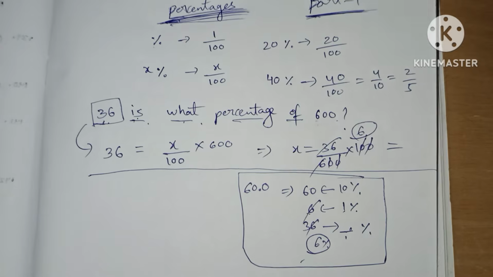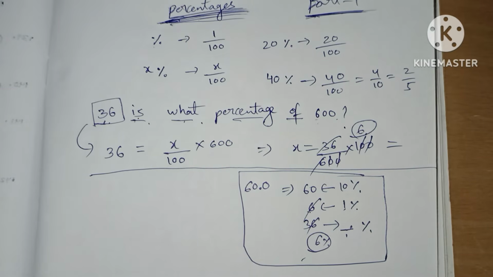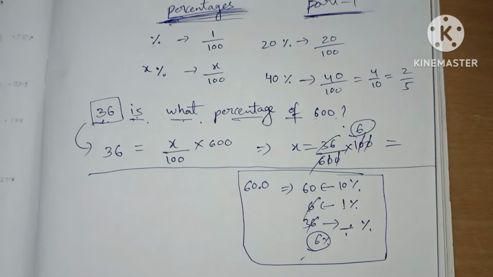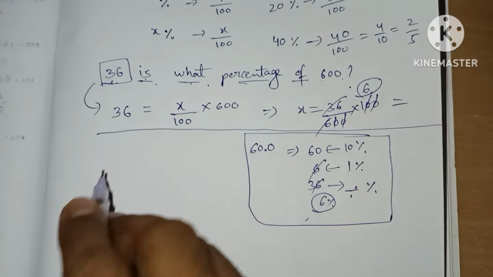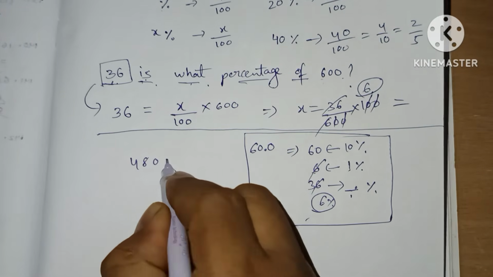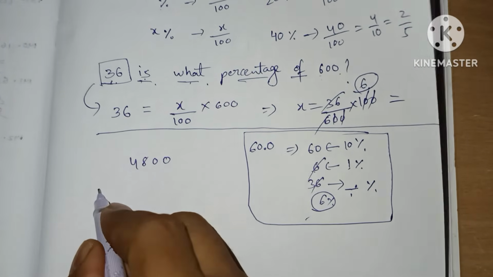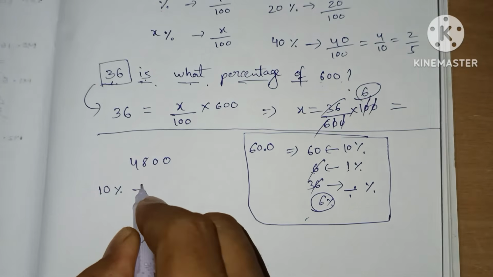First we need to learn some mind calculations of percentages. Let's take an example of 4800. What is 10% of 4800?